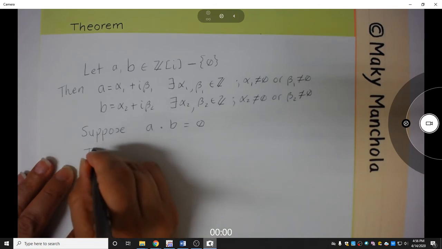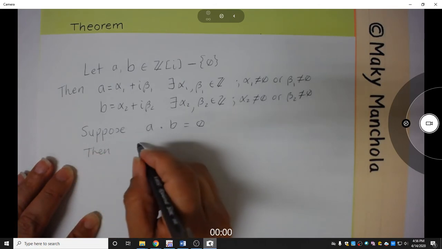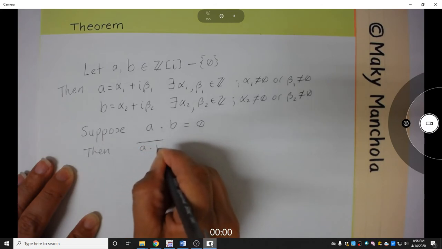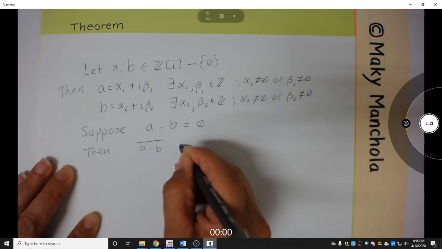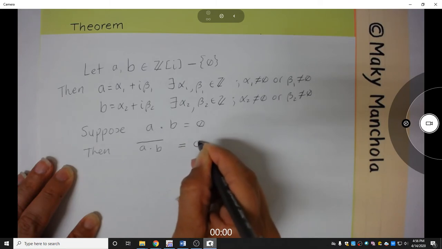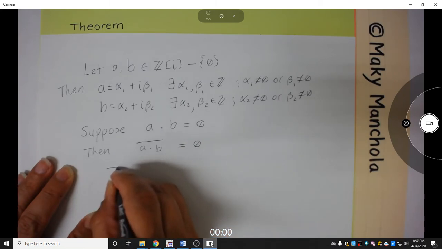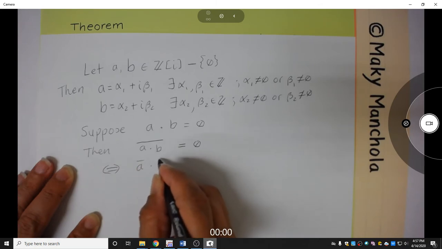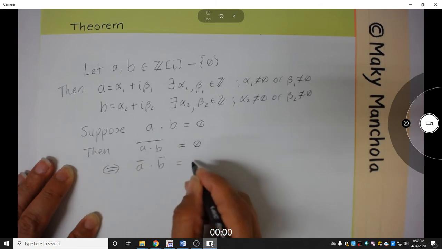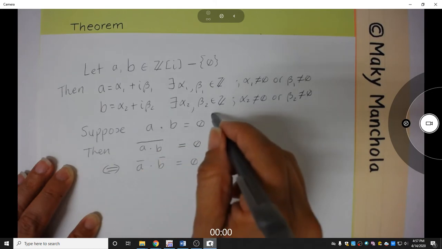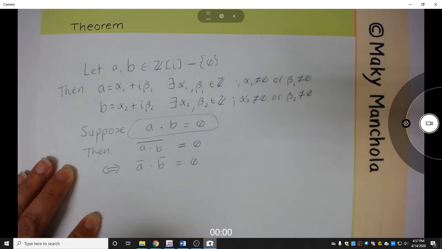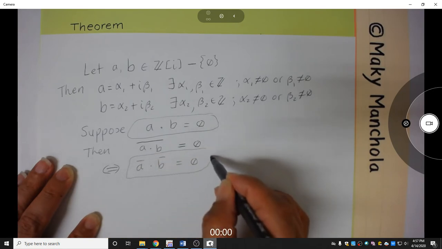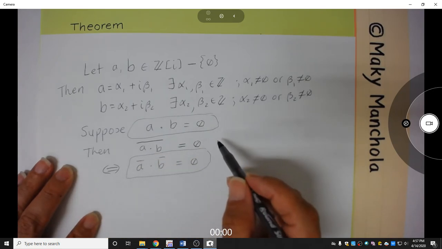Then immediately the conjugate of ab would have to be 0 as well. In other words, the conjugate of a times the conjugate of b would have to be 0. So if we assume that a times b is 0, it follows that the conjugate of a times the conjugate of b is also 0.